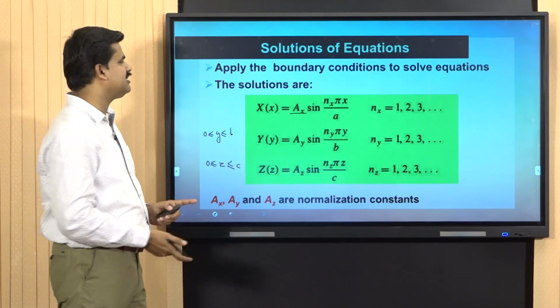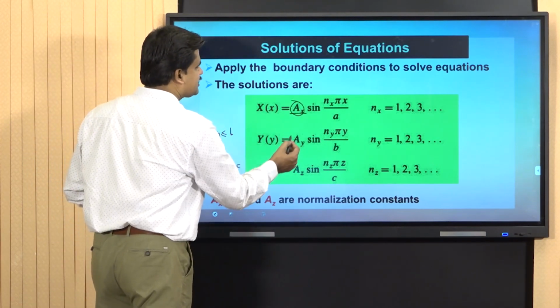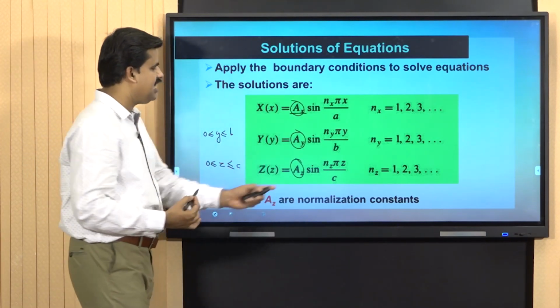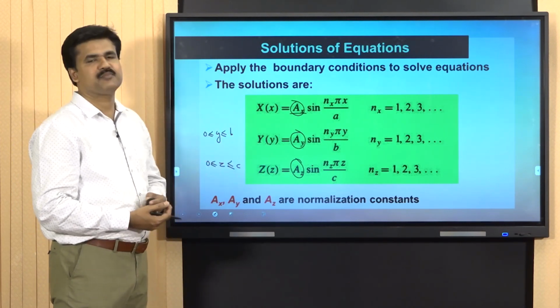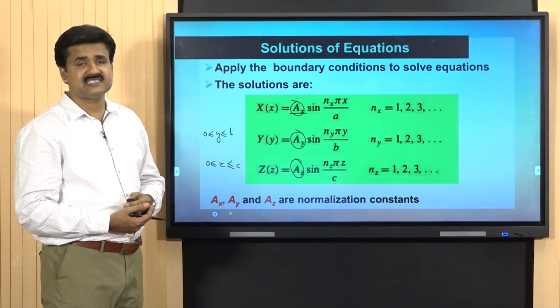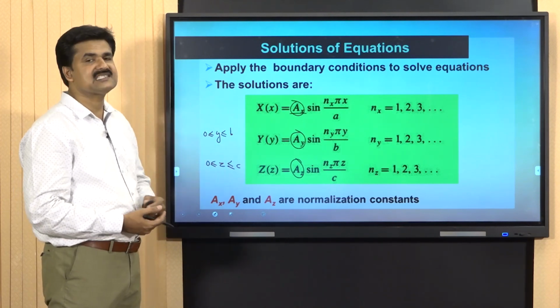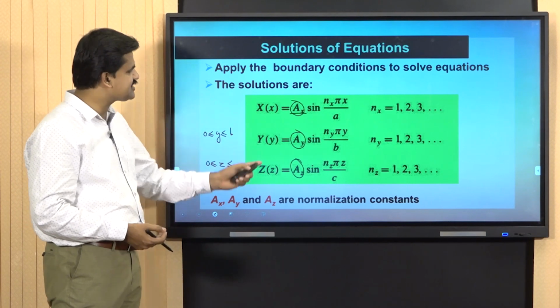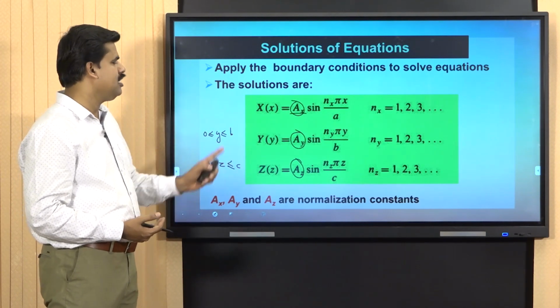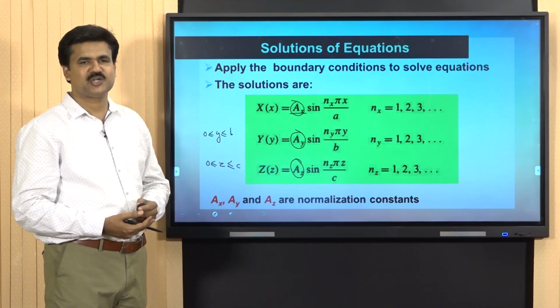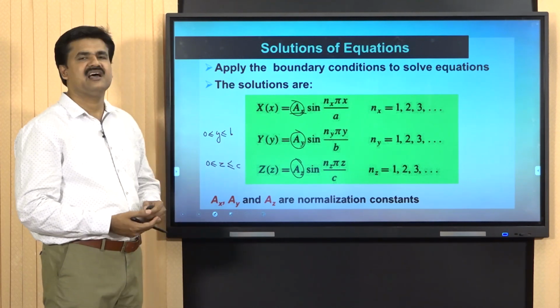It should be noted that the constants Ax, Ay and Az are the normalization constants. Hence, the solutions represented here are non-normalized wave functions, and on normalization of these wave functions, we will get the normalized wave function by incorporating the normalization constants Ax, Ay and Az.